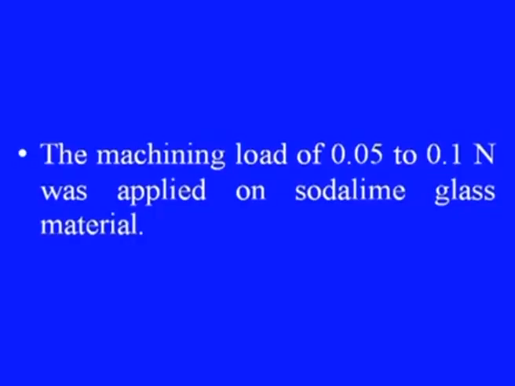Machining load of 0.05 to 0.1 Newton was applied in order to machine the soda lime glass material. So, this load is also considerably very less, 0.1 Newton is quite a small load.